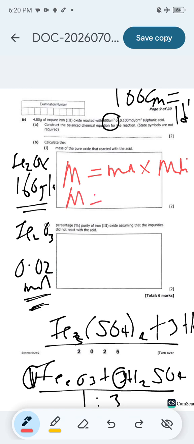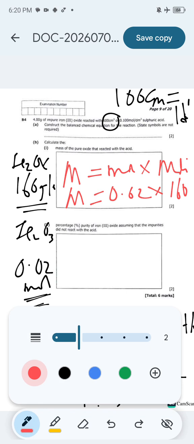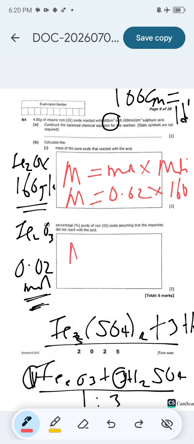So the mass of iron 3 oxide is going to be calculated using the moles. How many moles do we have? We have 0.02 multiplied by what is the molar mass? We calculated it to be 160. So get your calculator and find the mass.